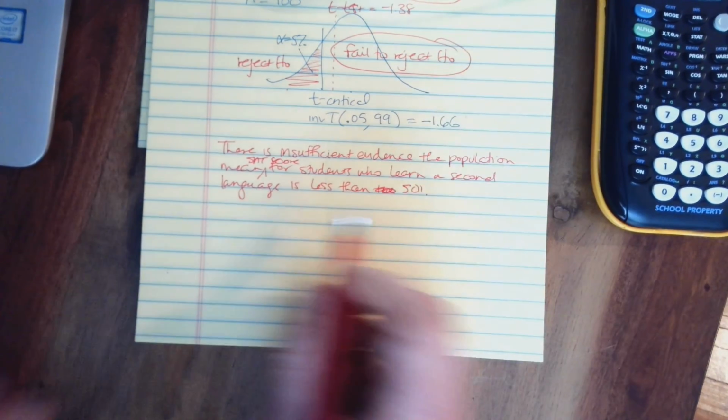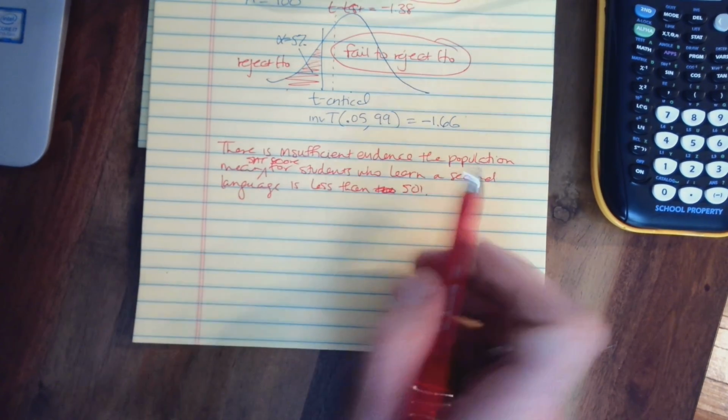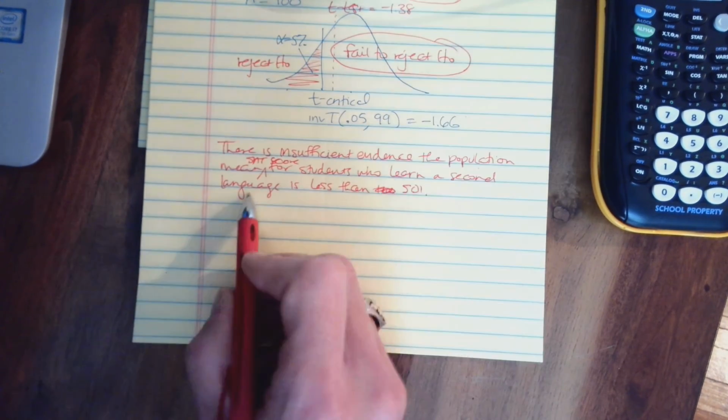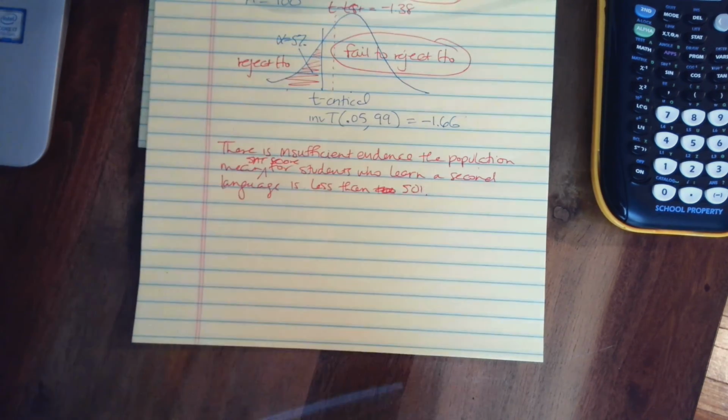Another way to say this is, we were testing whether they score worse. So there's insufficient evidence that students who learn a second language score worse on this critical reading exam.